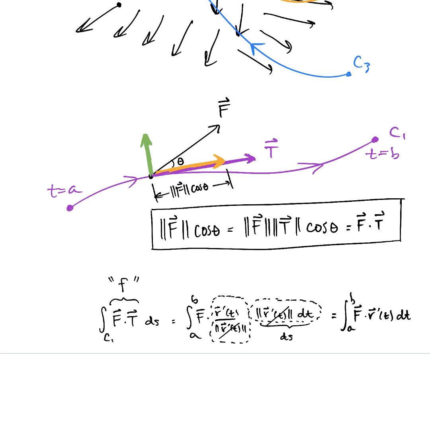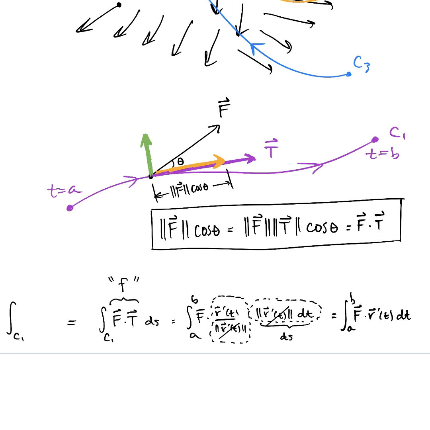So in practice, that's how you're going to compute it. And not only that, that's the motivation behind this notation. So the notation they use for the line integral of a vector field along a curve parametrized by some function r is this.